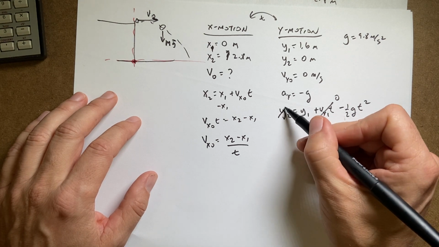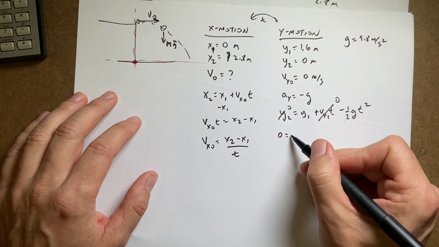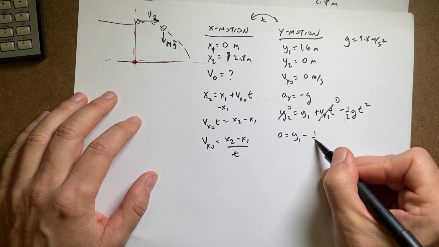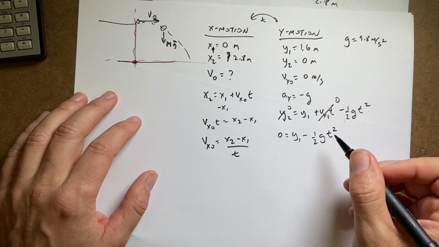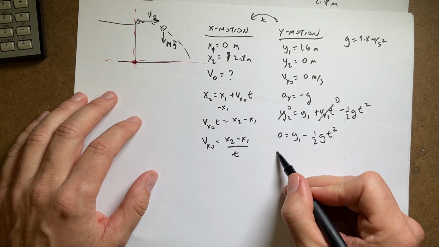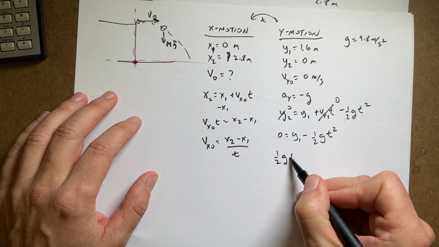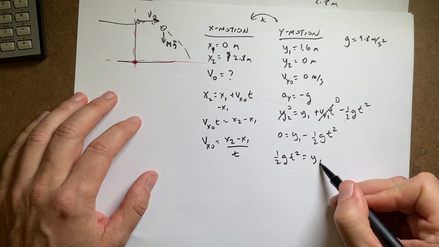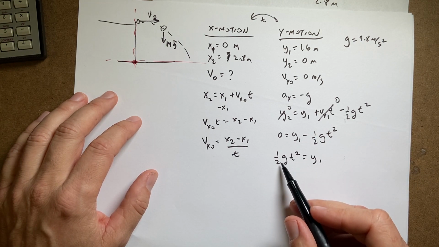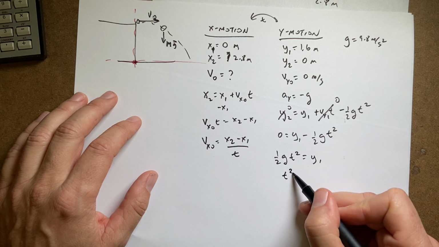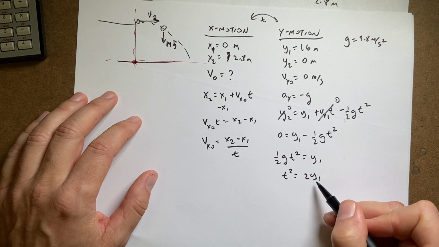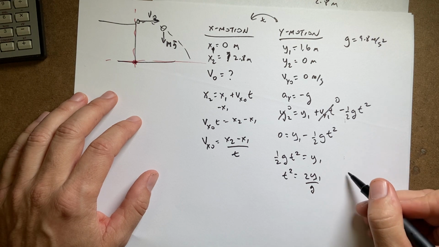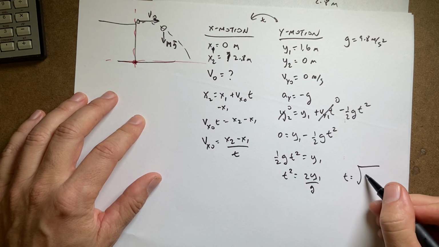I get 0 equals y1 minus 1/2 g t squared. I can add this to both sides. I get 1/2 g t squared equals y1. I can multiply by 2 and divide by g. I get t squared equals 2y1 over g. So t equals the square root of 2y1 over g.